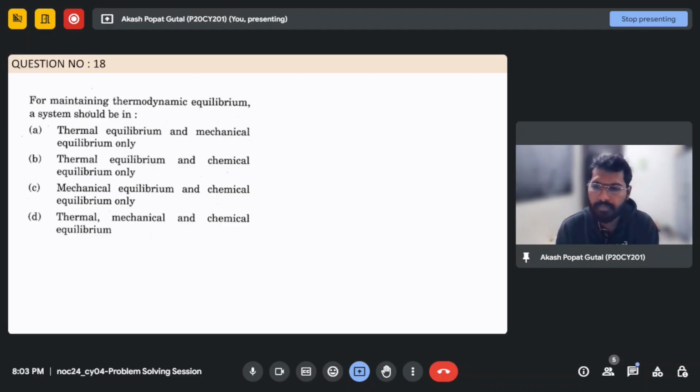Sir, option D. Yes, option D is right. We require all three, thermal, mechanical, and chemical equilibrium, to maintain thermodynamic equilibrium. Even if one of them gets disturbed, it is no more thermodynamic equilibrium. So this is also a geochemistry exam question.